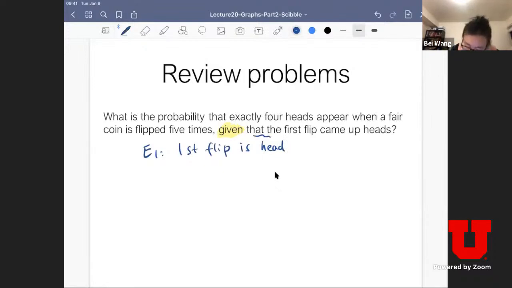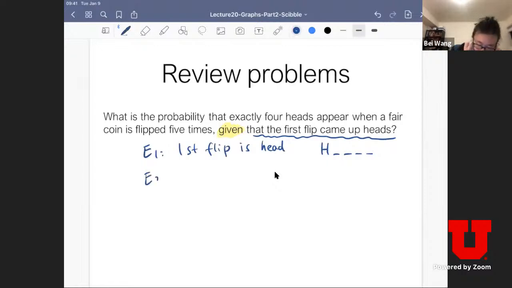This is the English statement translating to my variable E1, an event where the first flip is head. If I want to create a mental picture, this is the event where the first is head, and then there are 4 more flips.